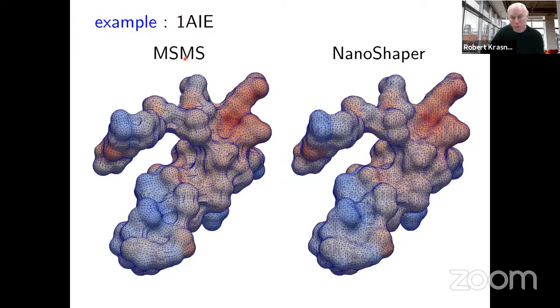And so the MSMS triangulation together with the surface potential plotted, and the NanoShaper triangulation, at first glance, look very similar. The colors are in the same places, but when you look more closely, you see that there are some places where the MSMS triangulation has very thin triangles, whereas we don't see those features in the NanoShaper triangulation.